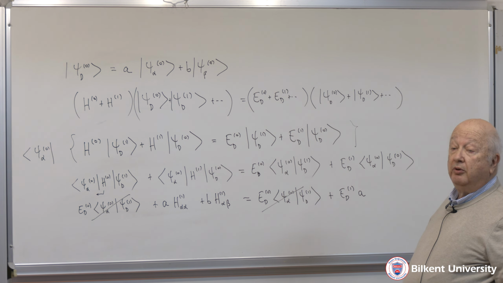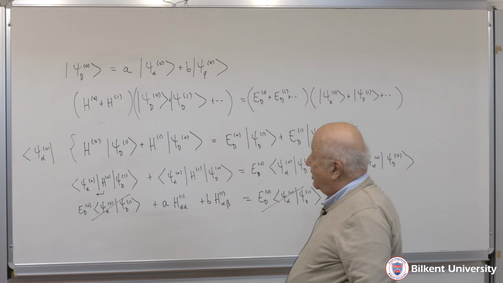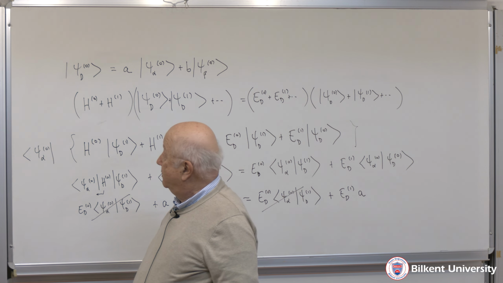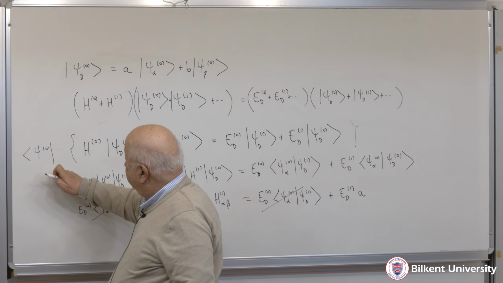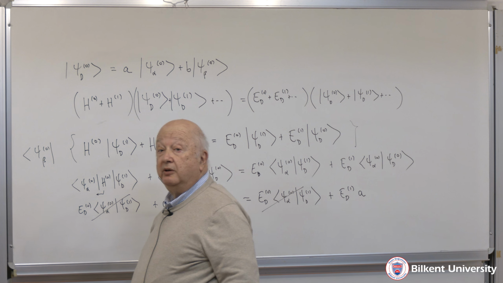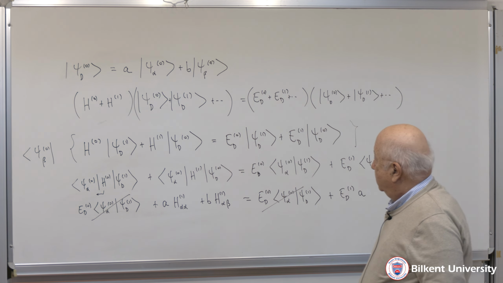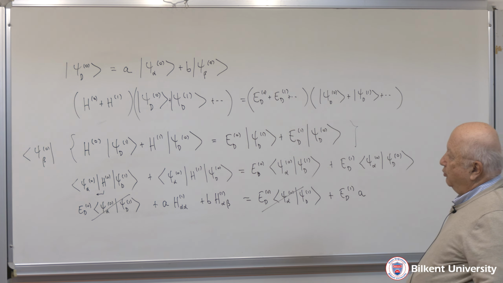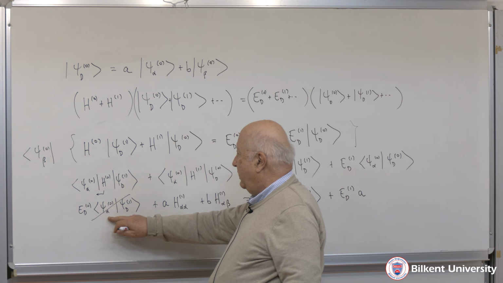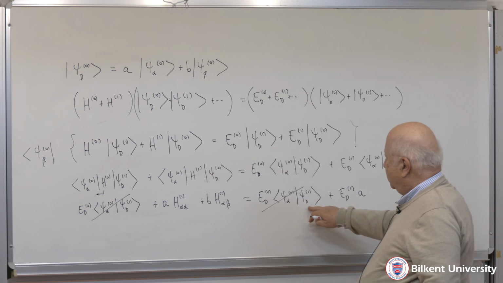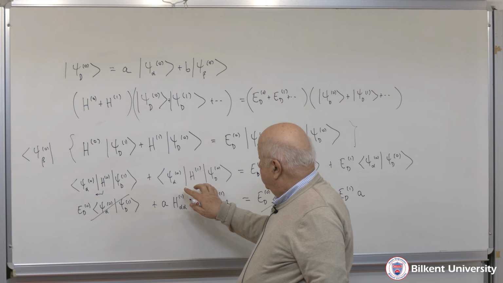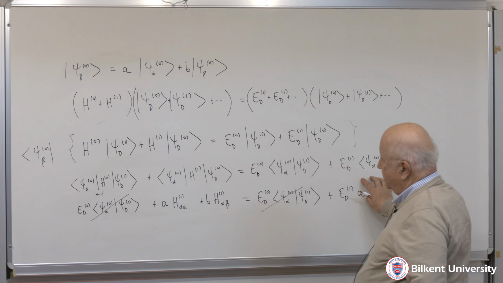Now we are going to repeat this process, except that instead of psi alpha here, I'm going to have a psi beta. So what happens if I put a psi beta here? Well, you can sort of guess what will happen. There will be a term here which will be psi beta, H d1 psi beta, so those things will cancel again. So there will be a change here and a change there.